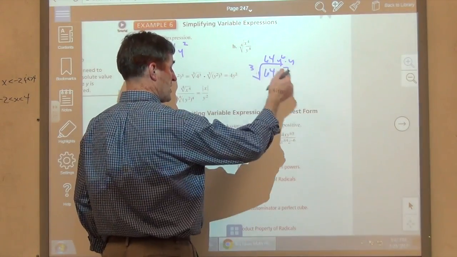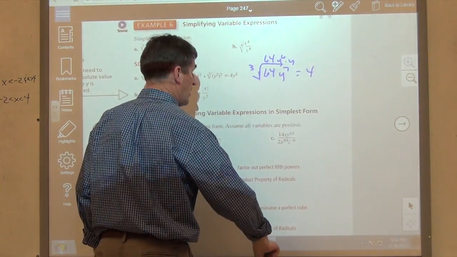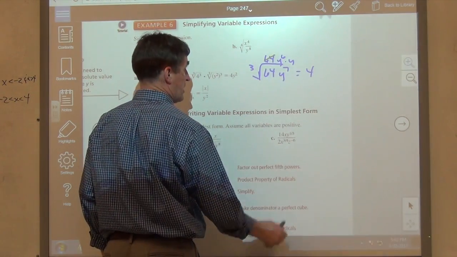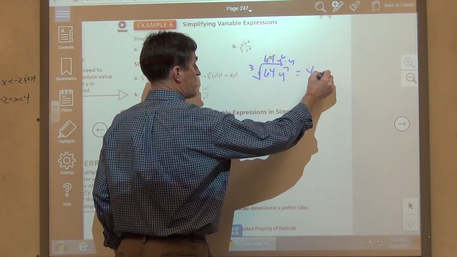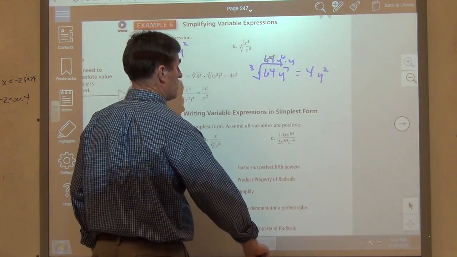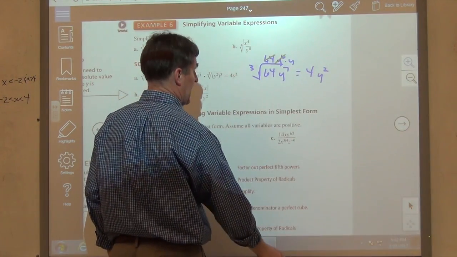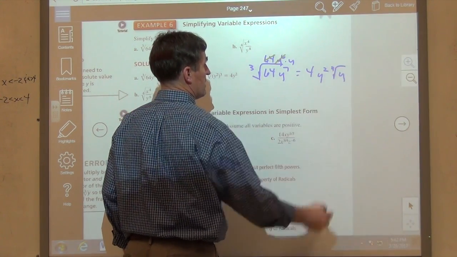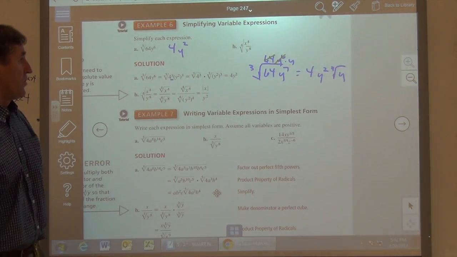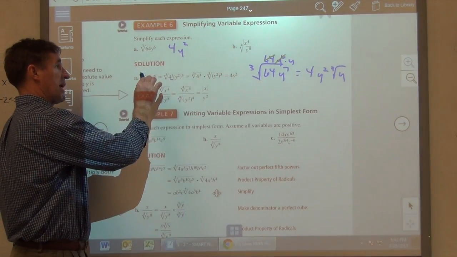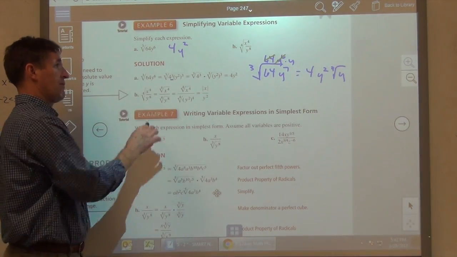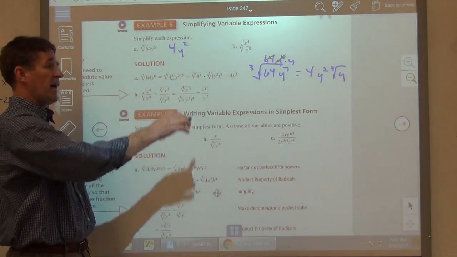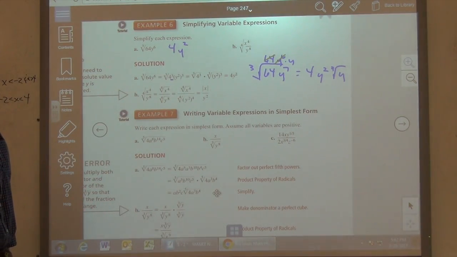So now the cube root of 64 is 4, so that's gone. 6 divided by 3 is 2, so y squared, and that's gone. And then I can't do the cube root of y, so I would leave that like that. So you can break it down into the same power as the index if you want, or you can just divide.